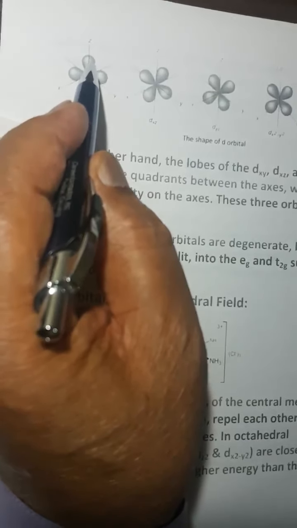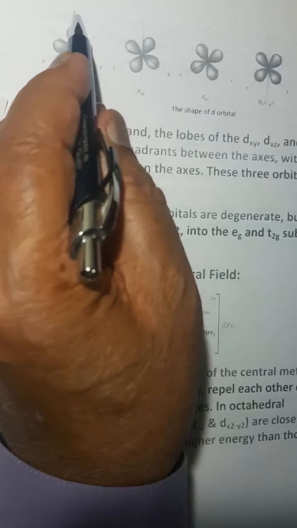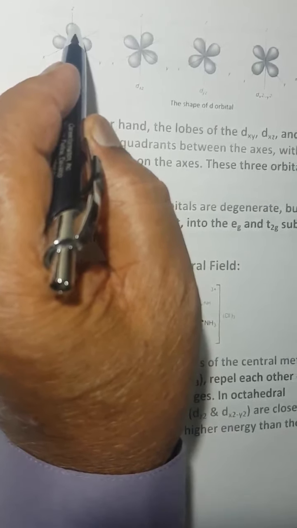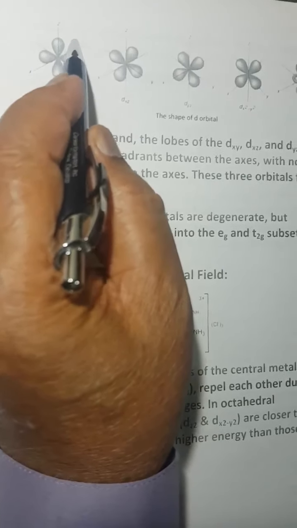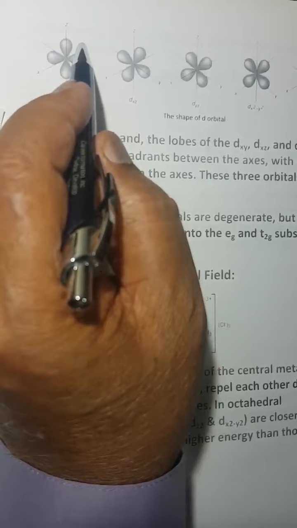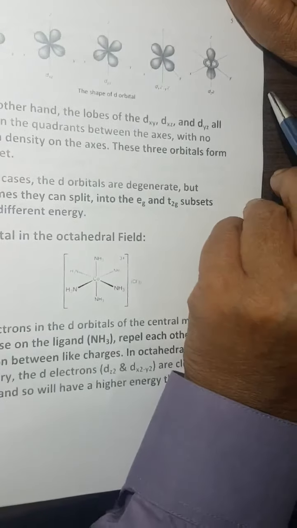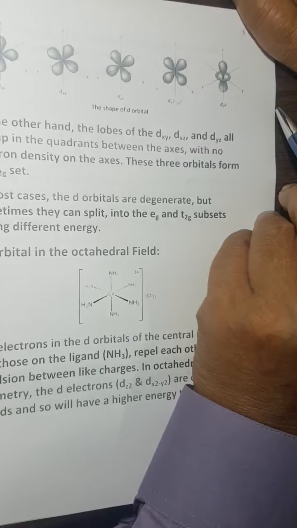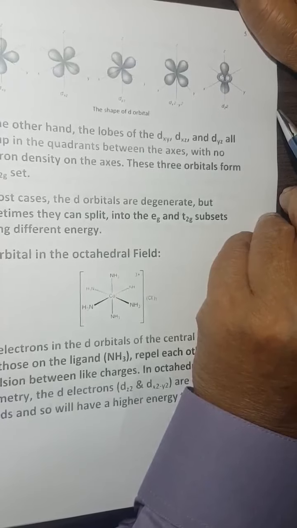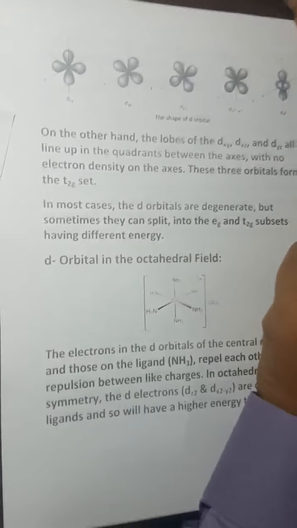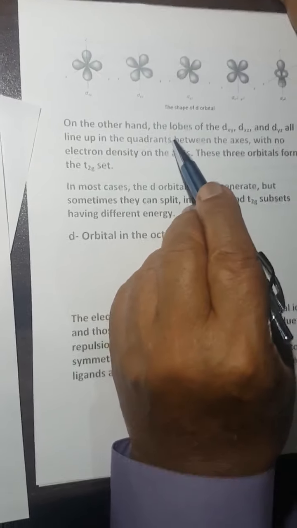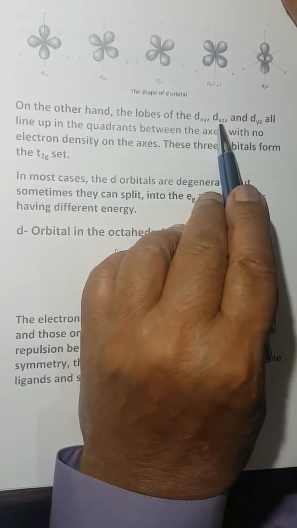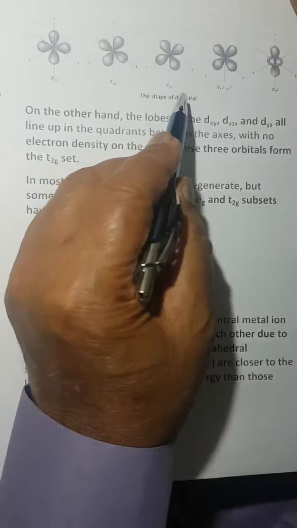So anything which is coming on the axis will be affected, but anything which is coming on xy will affect only the orbitals which are between the x and y direction, xz direction, and so on and so forth. See, the lobes of the dxy, dxz, and dyz, these are three. 1, 2, 3.